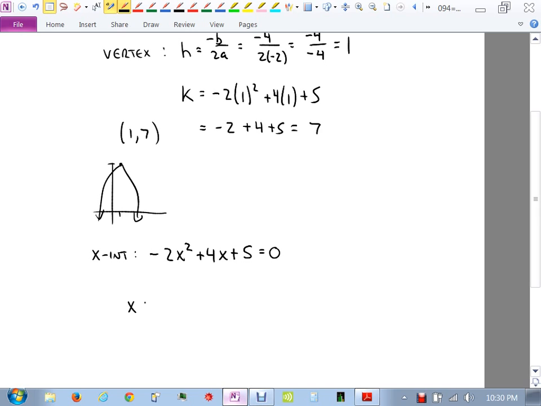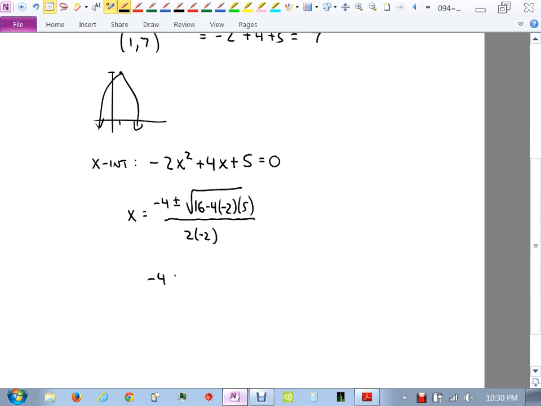So x is equal to negative b plus or minus the square root of b squared minus 4 times a times c, all over 2 times a, which is negative 4 plus or minus the square root of 16 plus, let's see, it's going to be plus because I have two negatives in here, but 8 and 5, 40, so 40, all over negative 4, so 56. Now I'm going to get my calculator out and do the rest of this, and I'll tell you what the answer is going to be.